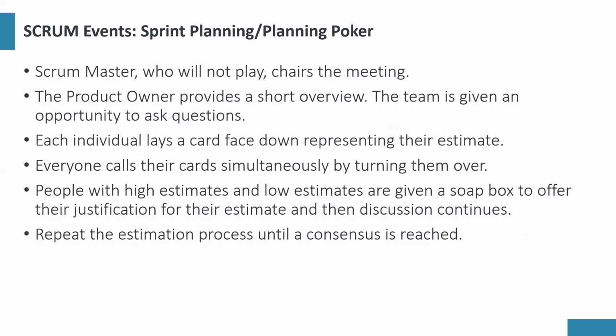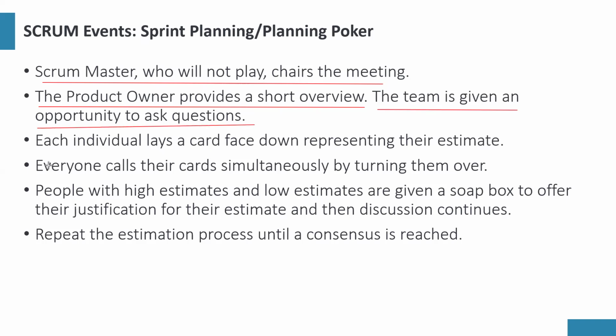So let's look at the process. The Scrum Master is the one coordinating the meeting. It chairs the meeting. It doesn't estimate. Scrum Master and Product Owner do not estimate because they're not the ones doing the work. The development team is the one that estimates. The Product Owner provides a short overview of the feature, what the feature should do. The team is given opportunities to ask questions. Each individual lays a card face down. When they hear the feature and say, oh, this is like an 8, they'll select 8 and keep their cards face down.